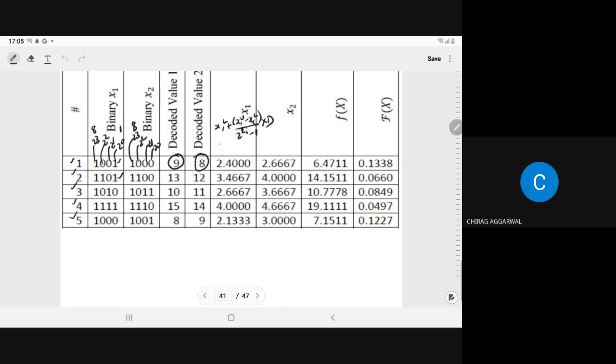So here it will become 1 plus (5 minus 1) upon (2 to power l minus 1), where string length l is 4, right? So 2 to power 4 minus 1, into 9, the decoded value. So that will come 4 upon 15 into 9, right? So that will give you 1 plus 4 upon 15 into 9.